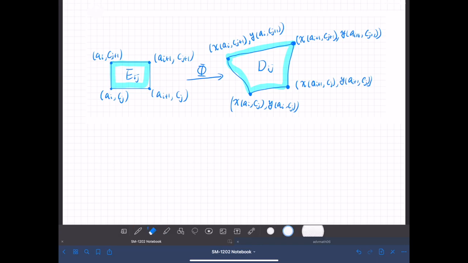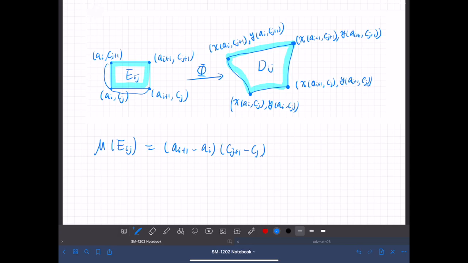Now, the area of eij is very easy to calculate because it's a rectangle. So that is this length times this length. Okay, so that is (ai plus 1 minus ai) times (cj plus 1 minus cj). And that's it.